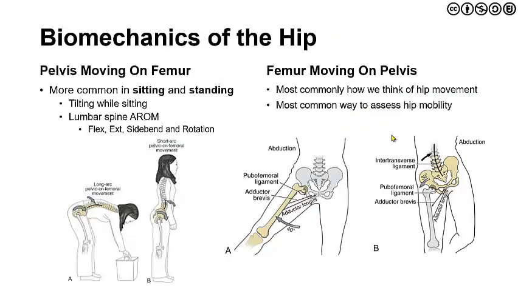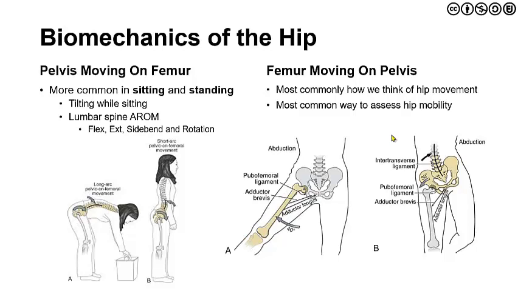Now, when we're talking about these various osteokinematics, it's helpful to recognize that there are certain functional components to this. For example, when we're talking about the pelvis moving on the femur, this is typically where the femur is fixed in a weight-bearing position, say for example standing or even sitting.